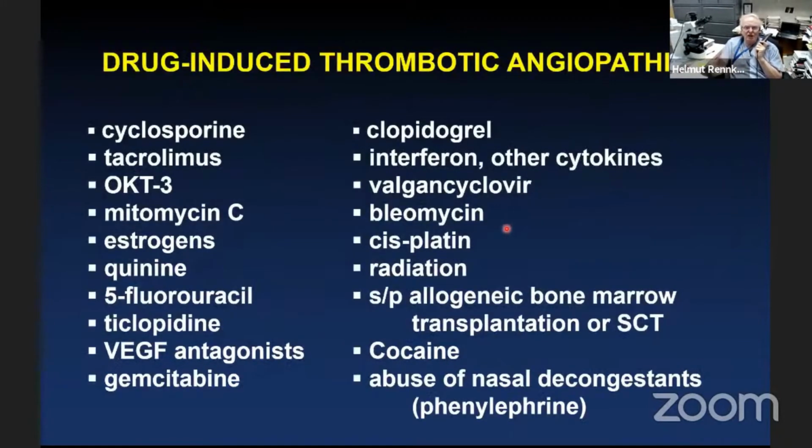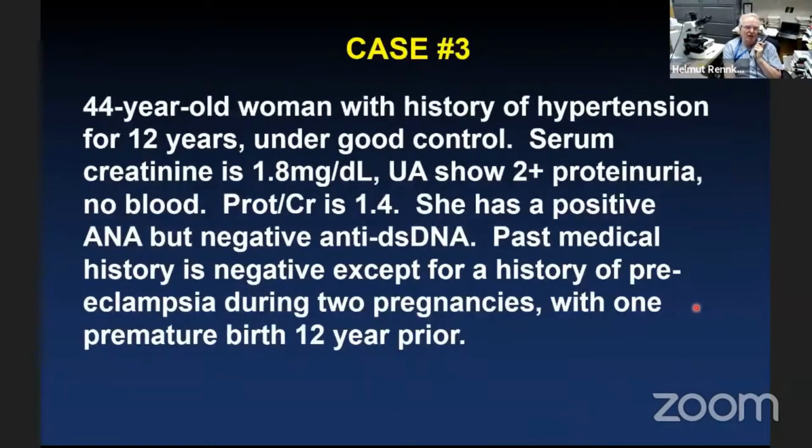And this is just a partial list of the drugs that are used today that can induce this. And notice here cocaine, but also other vasoconstrictors, in particular phenylephrine and other amphetamine-like products, can induce or trigger the same process in those patients that are so predisposed. And we will come back to that in a second.